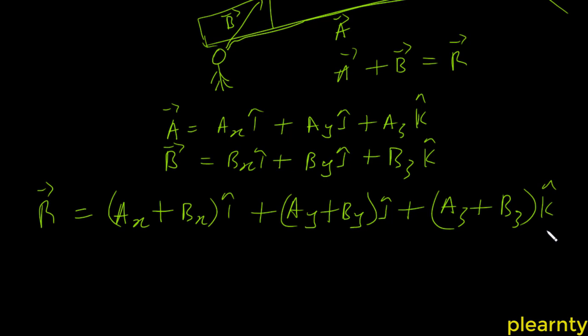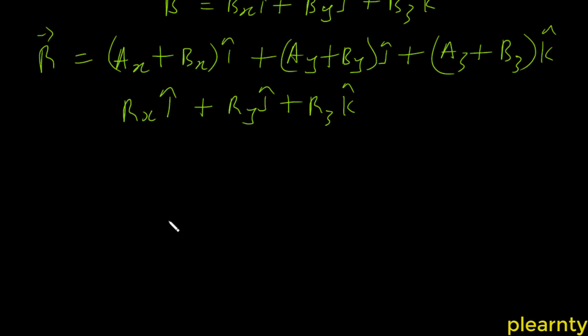And obviously AX plus BX will give us RX. We have something like that earlier before. So we can say RXI plus RYJ plus RZK. So to find the magnitude of this, remember magnitude is a scalar.